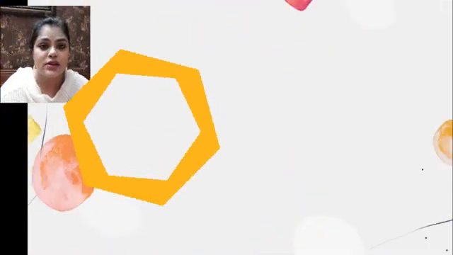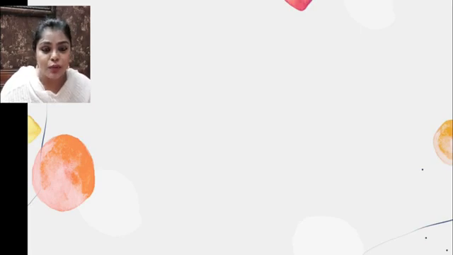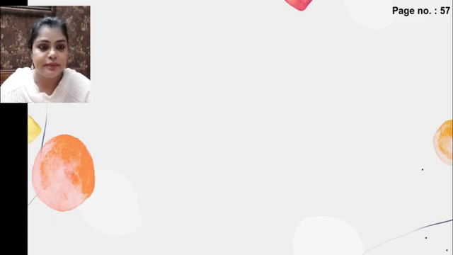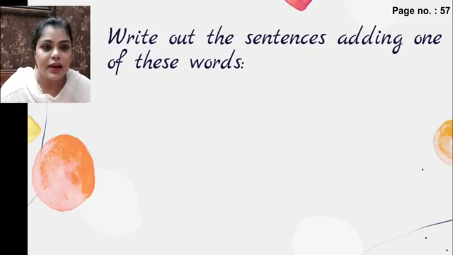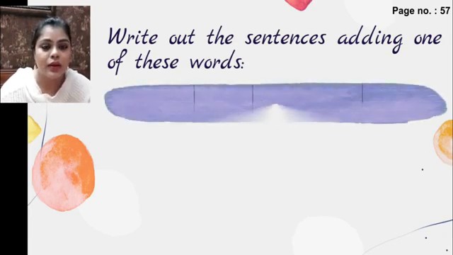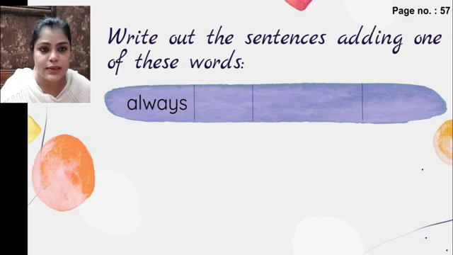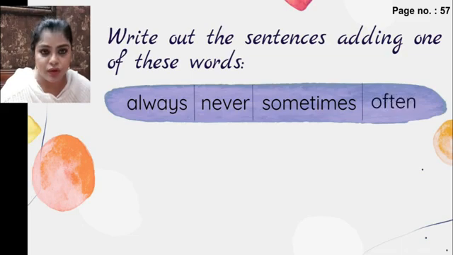Now I request all of you to take out your Active English book, page number 57. Let's do the textual exercise. Write out the sentences adding one of these words: always, never, sometimes, often.